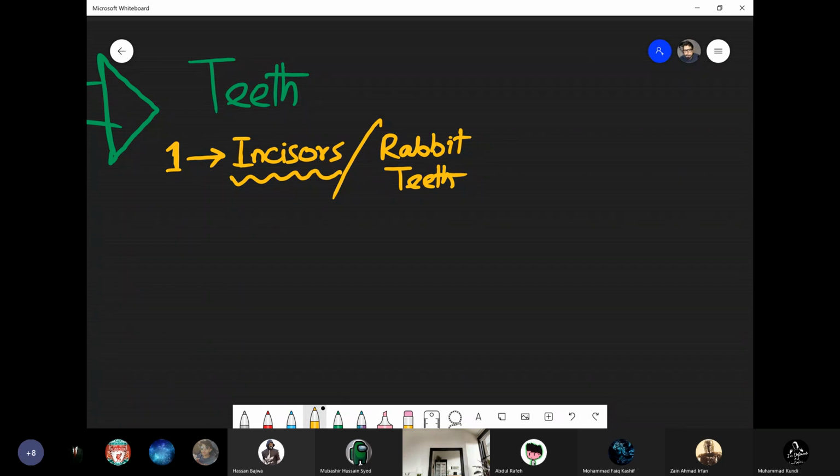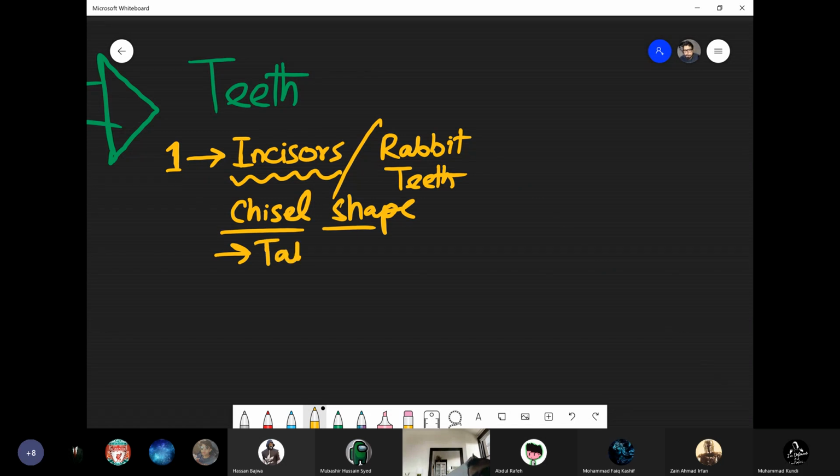These are the front teeth which are chisel shape, and the job of these teeth is that they help in taking bite of food.